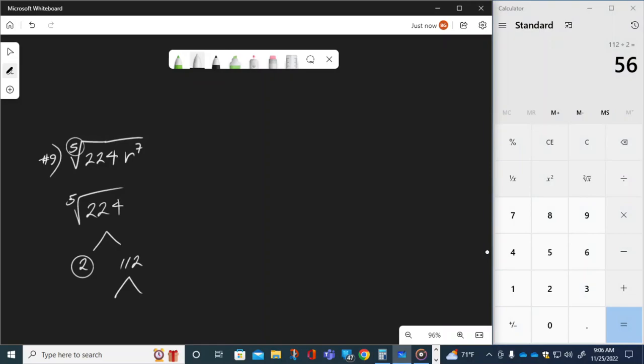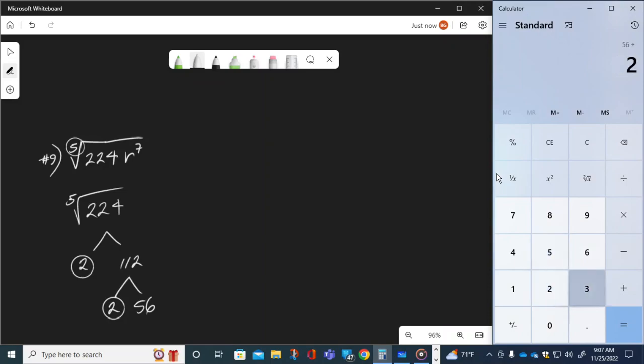And remember, if it's an even number, you divide by 2. If it ends in 3, most likely it's gonna be a multiple of 3. If it ends in 5, most likely it's gonna be a multiple of 5, and so forth, okay? So this is 2 times 56, okay? And 2 is prime.